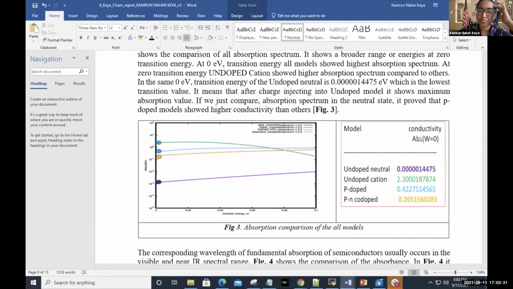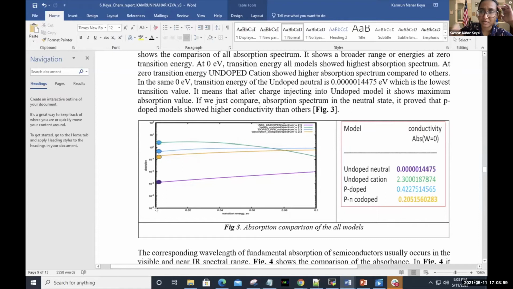I can say it this way: when transition energy is at 0 point, all models show their higher values. I just want to show the result of the 0 state.